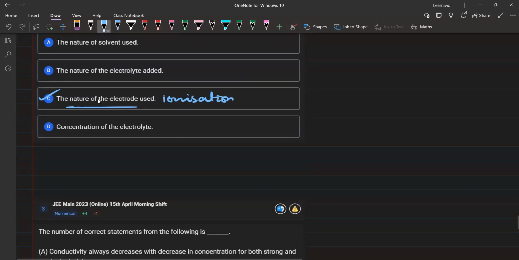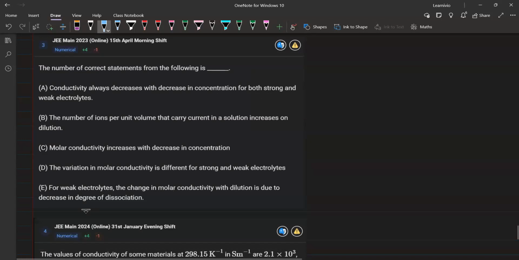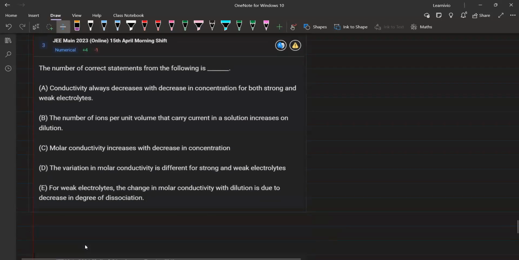Okay. Next. This is an integer type question. The number of correct statements.